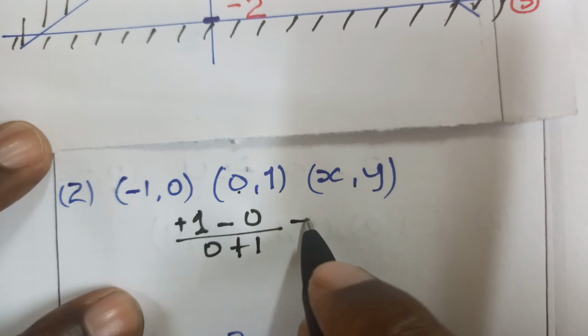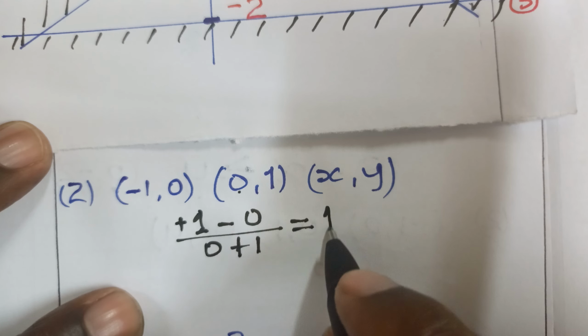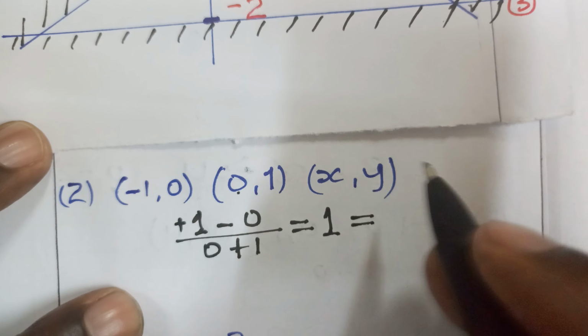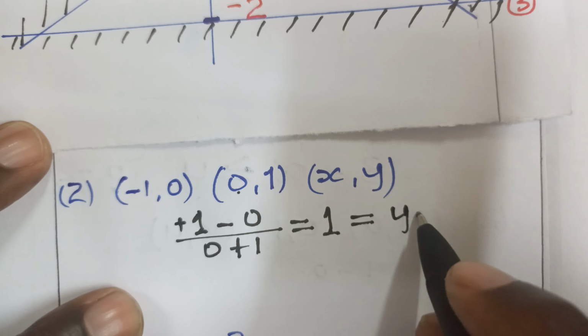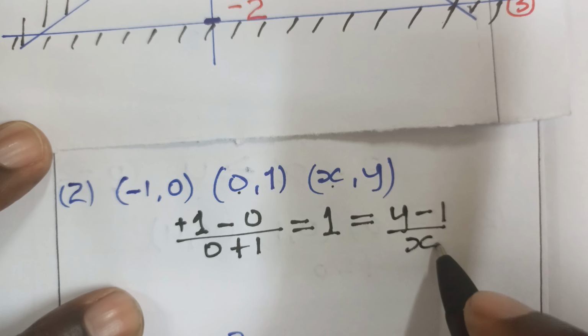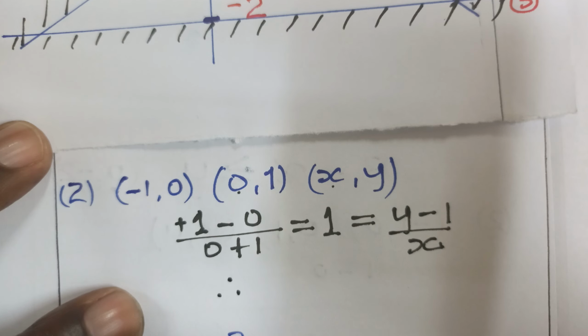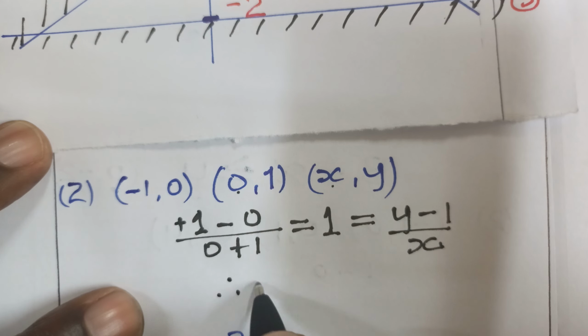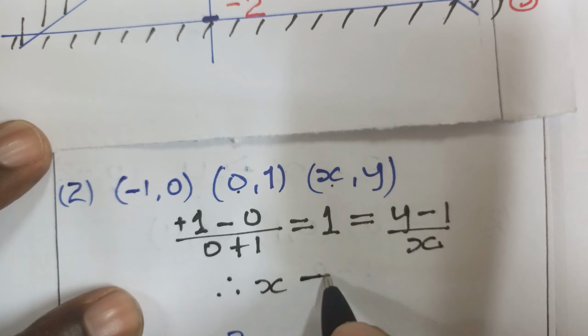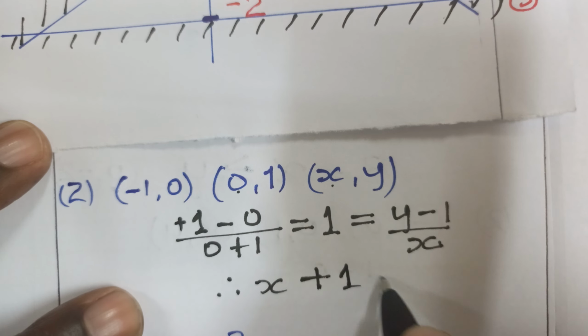This comes to 1. This is the gradient. Now getting the equation, y minus 1 over x minus 0 gives us x, and therefore our equation is x plus 1 equals y.